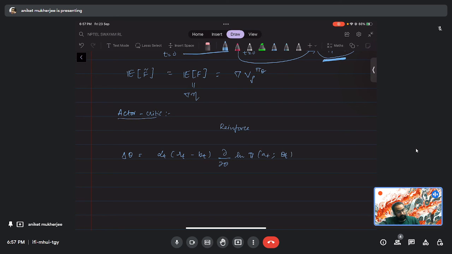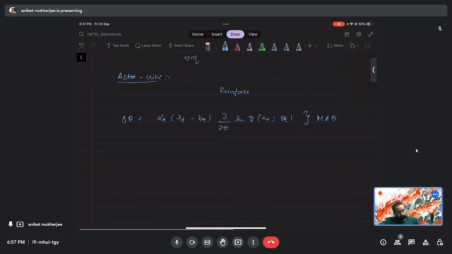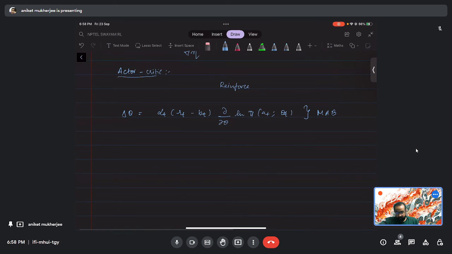This is for MAB. There, if r_t is greater than v_t, it's an increase; if r_t is less than v_t, it's a reduction. Those kinds of things. So there v_t was the average of all the rewards you have received till now. So here v_t becomes the average of all rewards starting from s. So what is the average reward starting from s?